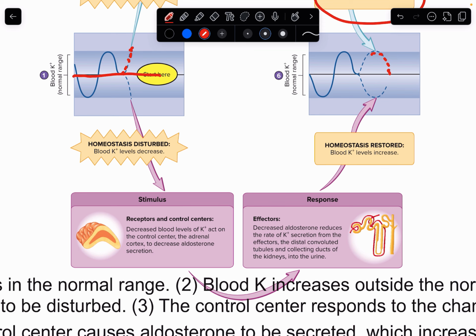If the potassium level is decreased, what happens? The main thing is to inhibit the production of aldosterone.